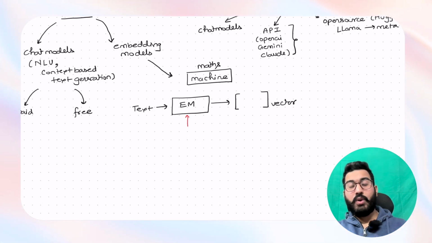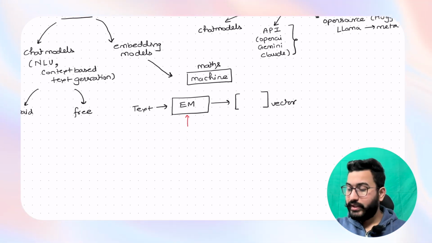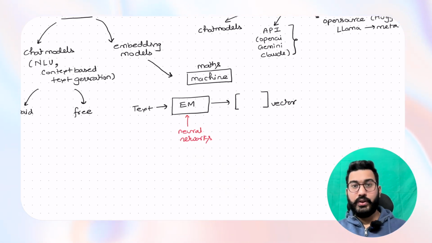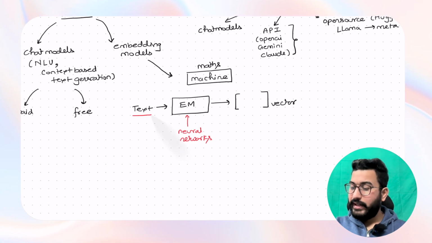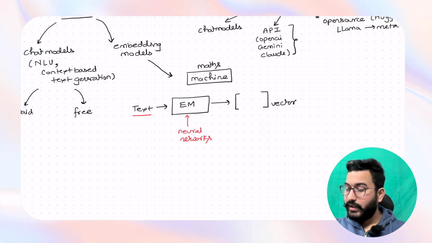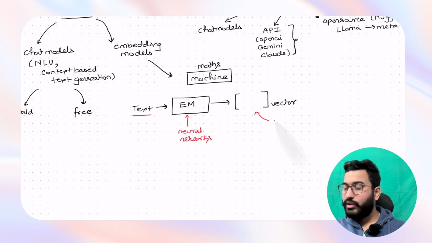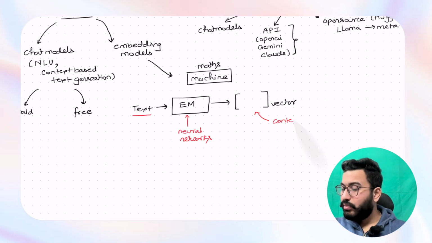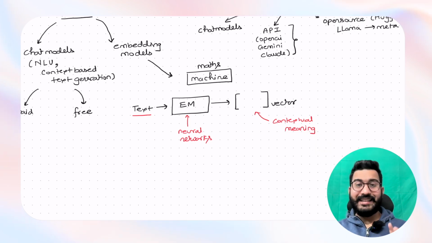These embedding models are based on the concept of neural networks, and using neural networks we convert this text into a representative numerical vector. And this vector is capturing the contextual meaning behind the text.